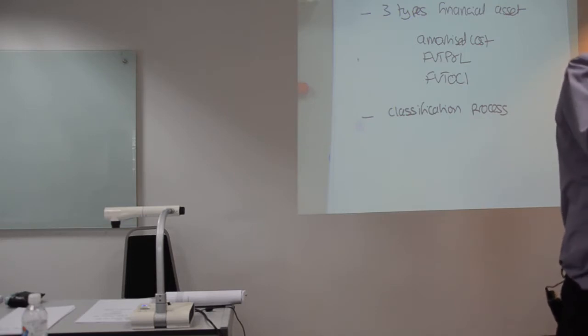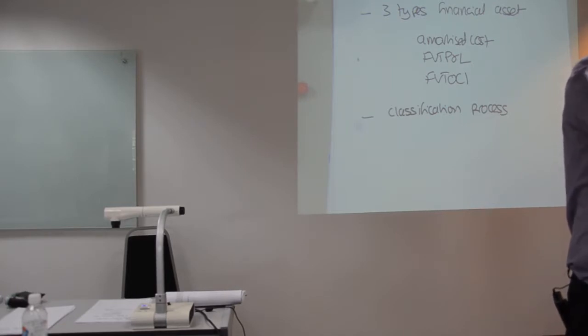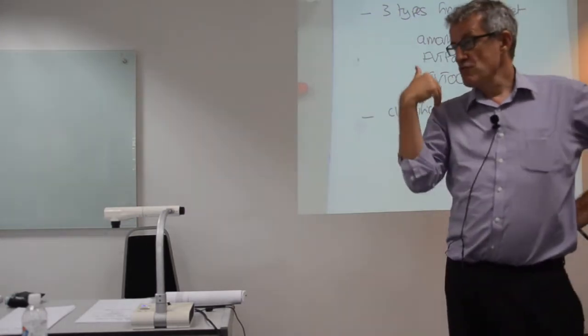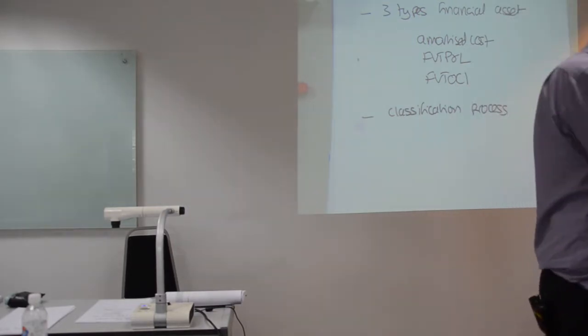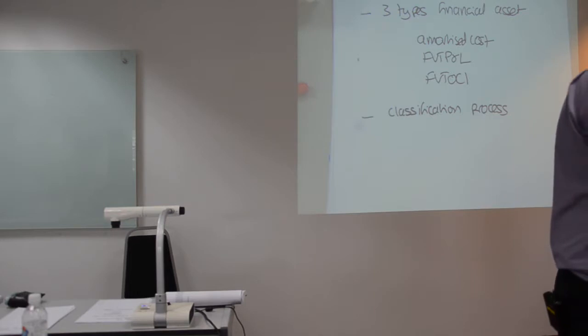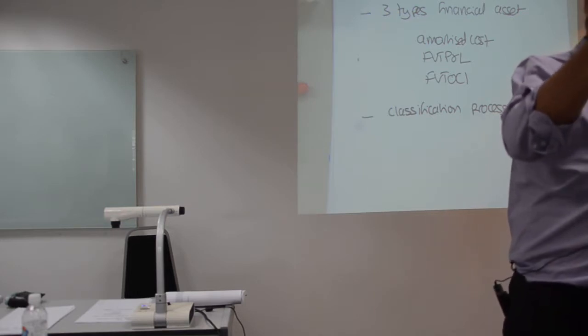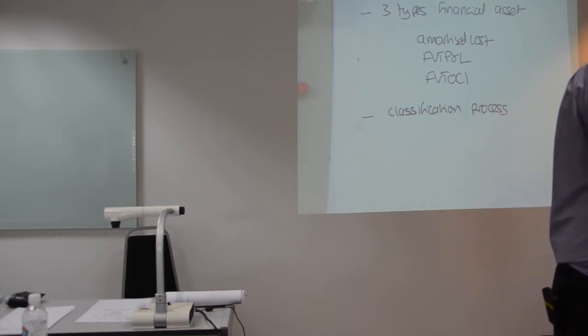The cash flow test is met if what the instrument does is pay you your money back plus a bit more. The cash flow test is met if the instrument gives you contractual payments on specified dates, which principally represent the repayment of the capital, the repayment of the principal, plus a little bit of interest for time value of money and compensation of risk.